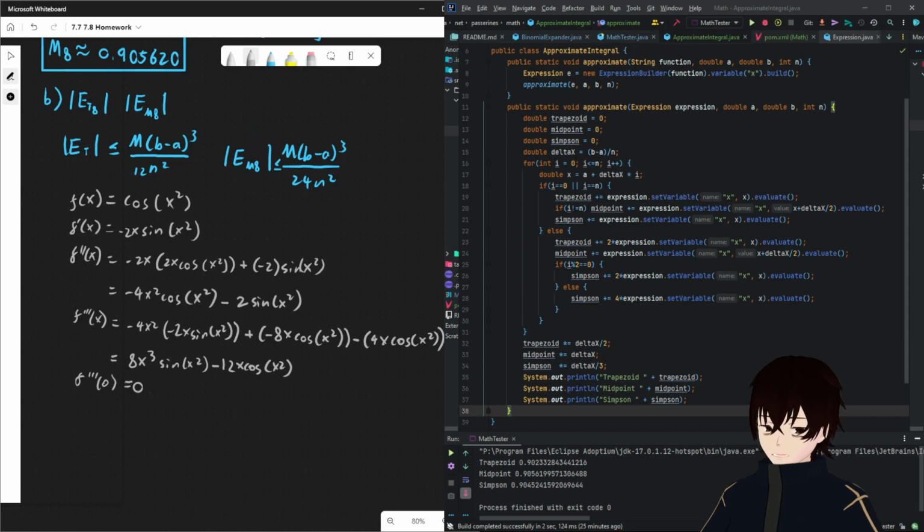Integral from 0 to 1 of cosine of x squared. I have no idea what these symbols are.